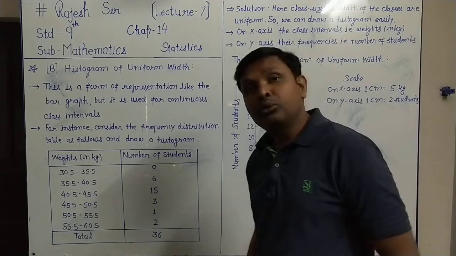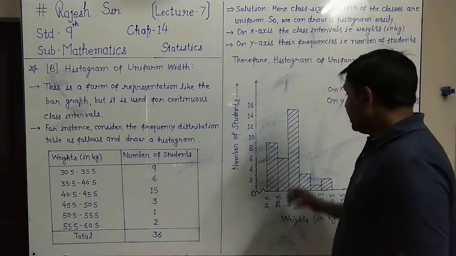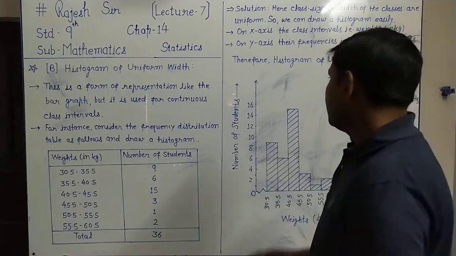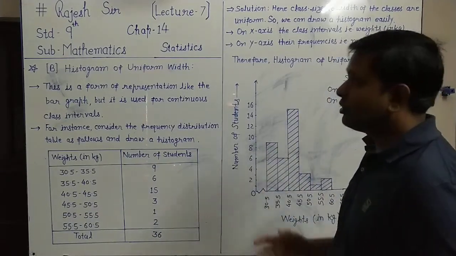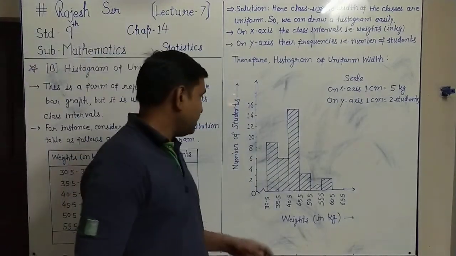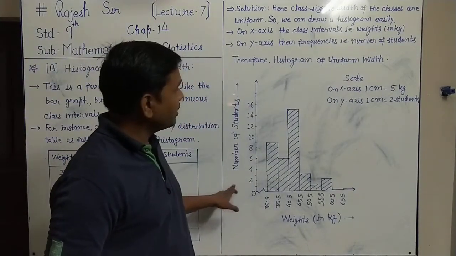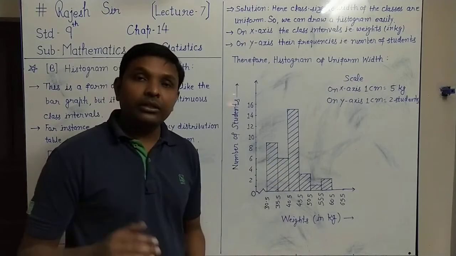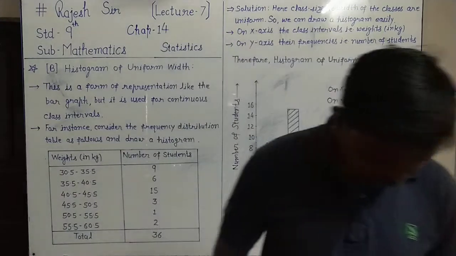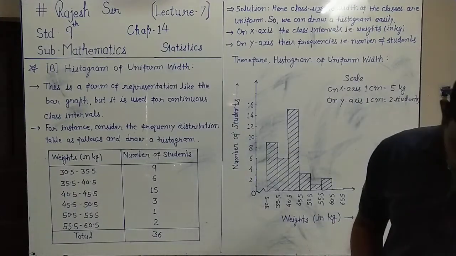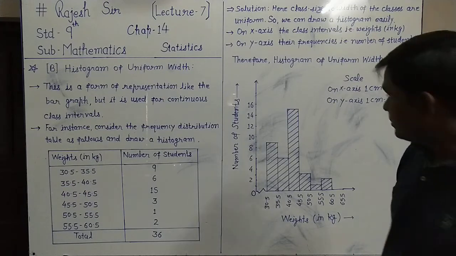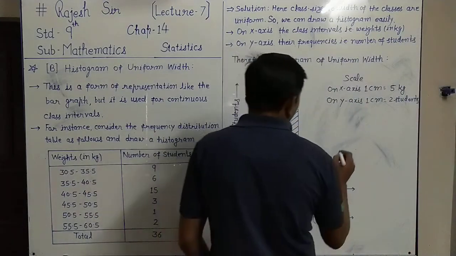Here one thing we have to note that the area of rectangle is directly proportional to the frequency. In this case of histogram, what is the case here? The area of each rectangle is proportional to its frequency. That we have to know. So that also you will note down.